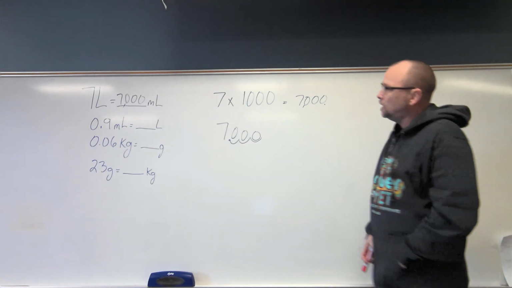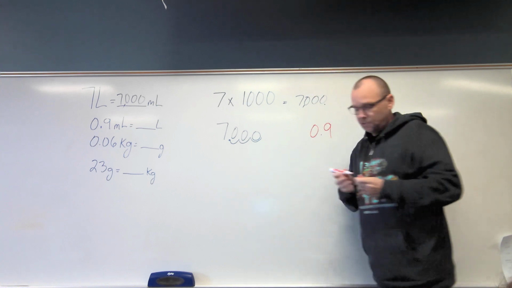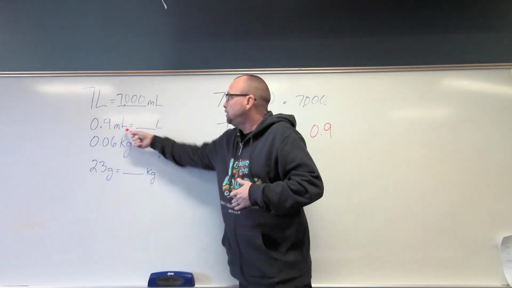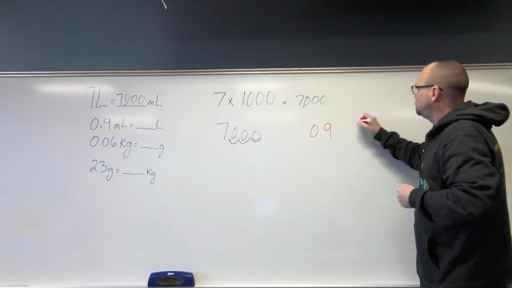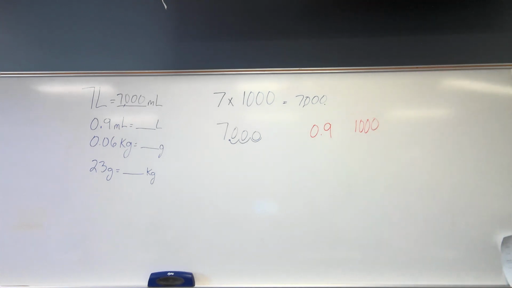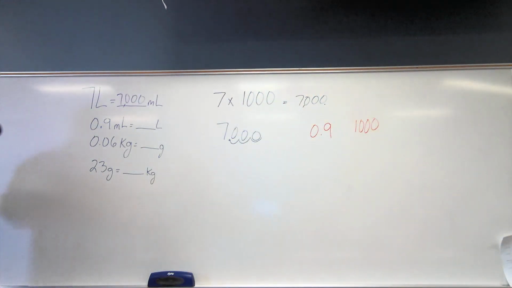Next, we're going from 9/10 of a milliliter, milliliters and liters again. We know that it's 1,000. I'm either going to multiply or divide by 1,000 because that's my relationship. There are 1,000 milliliters in 1 liter.